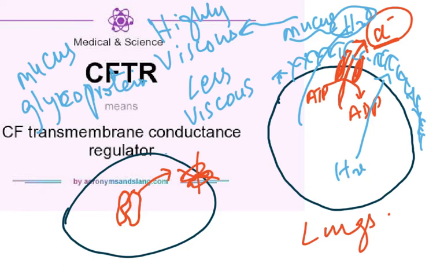Plus, of course, also digestive issues, because the pancreatic duct gets blocked by this highly viscous mucus. So we have a lot of problems everywhere. Lung infections, food not being digested, because if the pancreatic duct is blocked, that means the enzymes cannot reach the duodenum, and the food that the person eats is not going to be digested.